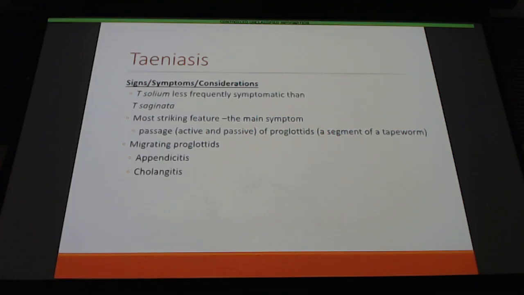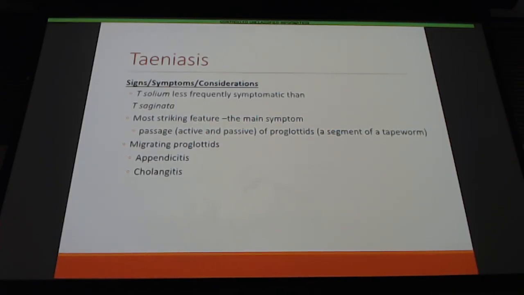Now, other things to be cognizant of there, it says migrating proglottids. So not only is this thing gigantic in your gut over time, but it's also releasing a whole bunch of proglottids, those little rectangle pieces with the eggs in them. Now, the opening to your gallbladder is small. The opening to your appendix is small.